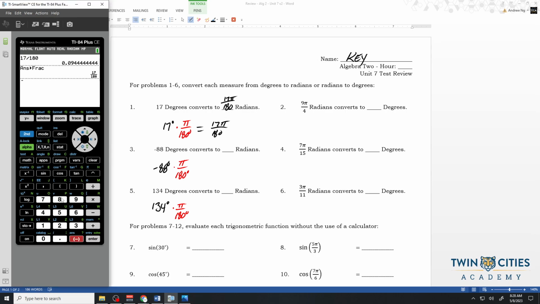Negative 88 divided by, again, ignore the pi, 180. We'll give you this decimal. Math, enter, enter, will be negative 22 over 45. So this is negative 22, put the pi back in, over 45.